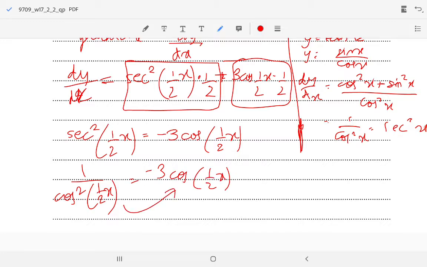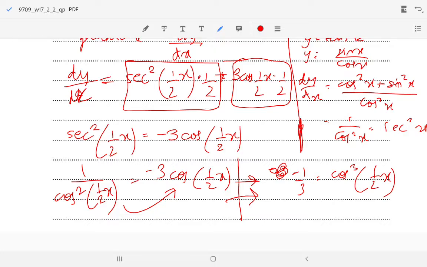If we multiply both sides by cos square half x, we get negative 1 by 3 equals cos cube of half x.